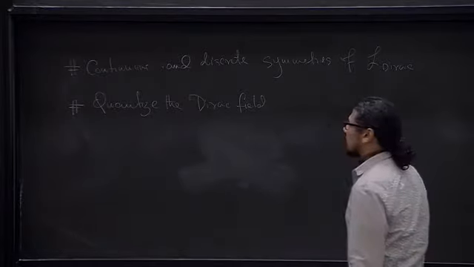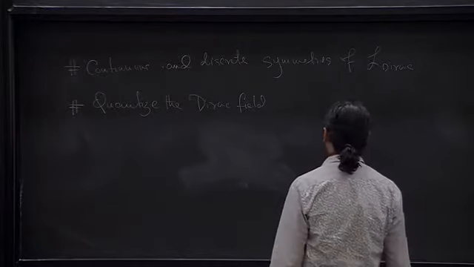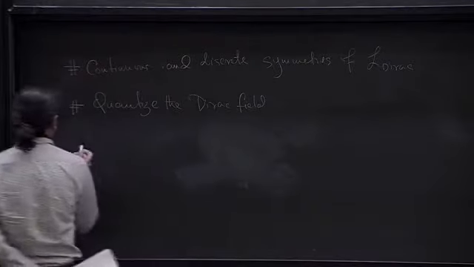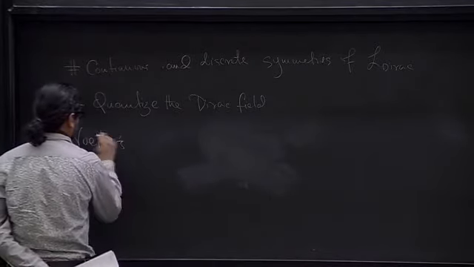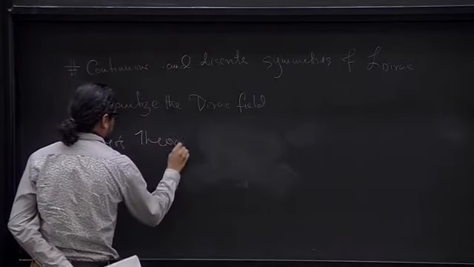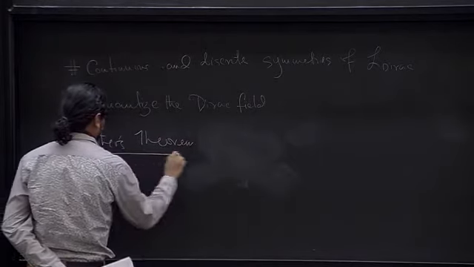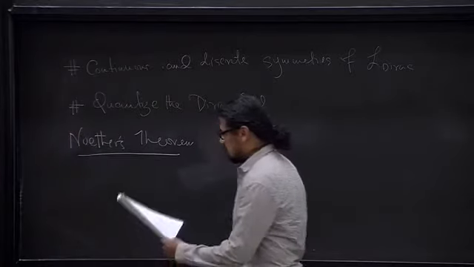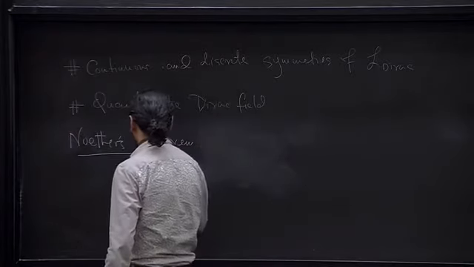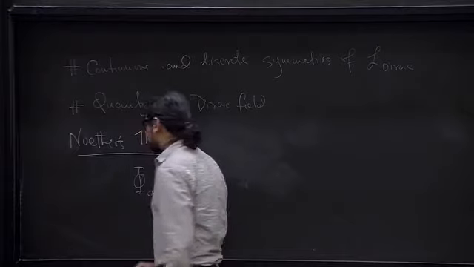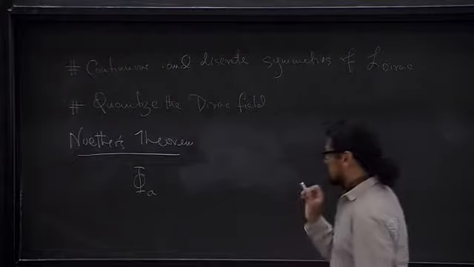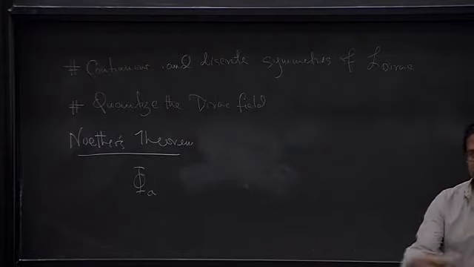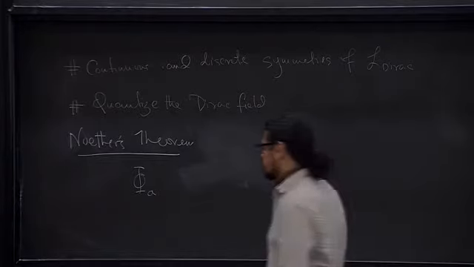So before we go and discuss the continuous and discrete symmetries of the Dirac Lagrangian, let me remind you of Noether's theorem. Suppose you have a set of fields, phi A, in your theory, and you make some transformation of the fields. The transformation of the fields can result from some underlying transformation of your space-time manifold, or it could be a combination of both.